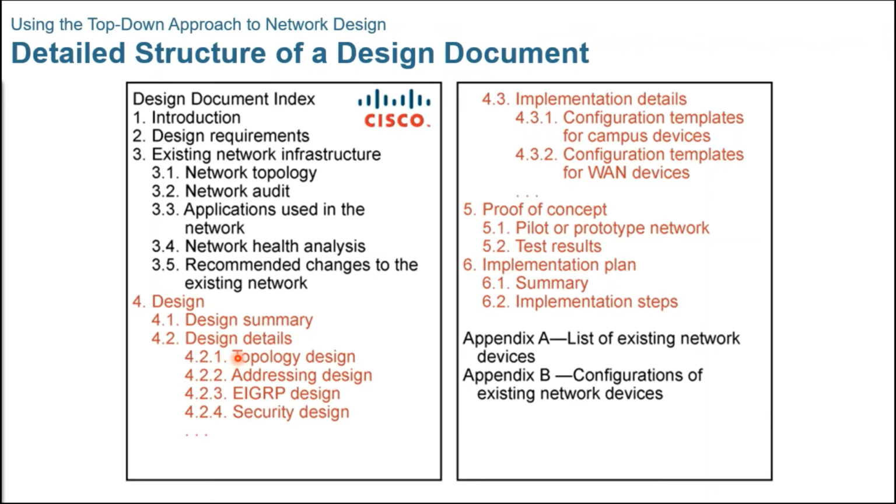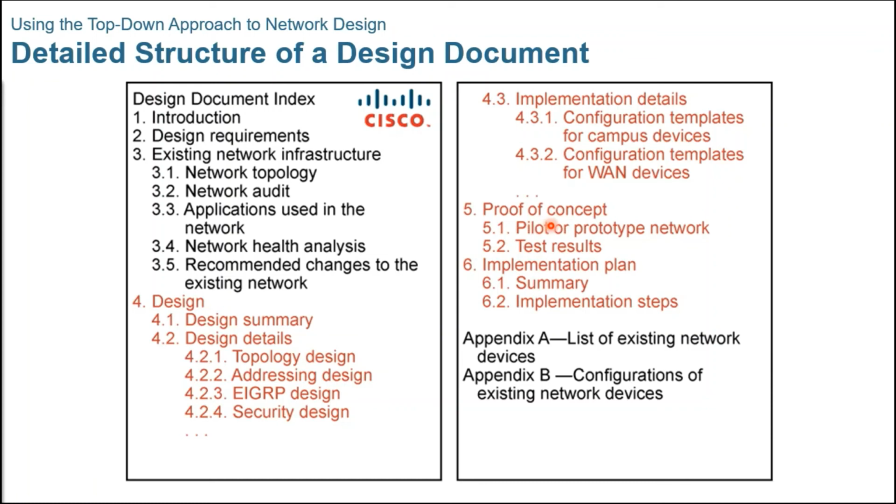The design details documented will differ depending on the type of design project, whether it is a completely new network, a network redesign, or simply a new service introduction, for example. But they typically include the topology, addressing, and design. Implementation details such as configuration templates and exact configurations of network devices like routers and switches are included to ease the implementation process.